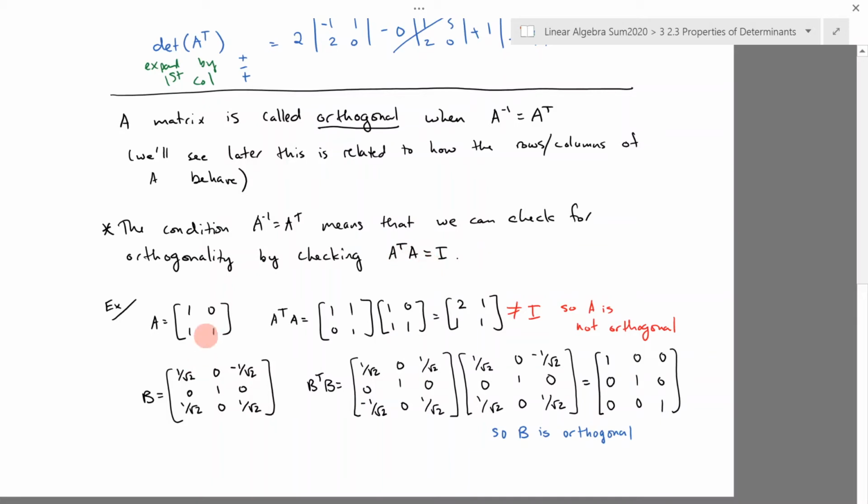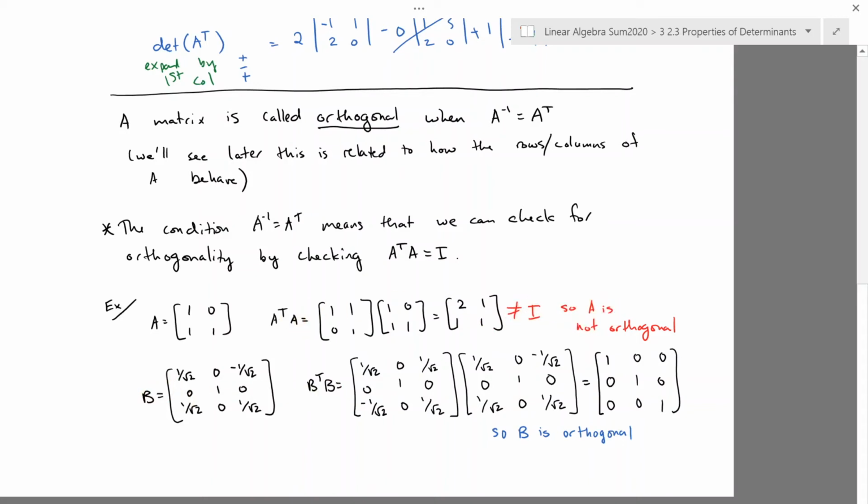So here I have two examples, a 2 by 2 matrix and a 3 by 3 matrix. For the matrix A, I set up the calculation A transpose times A, and you see that the resulting product is not the identity matrix, so A is not orthogonal.